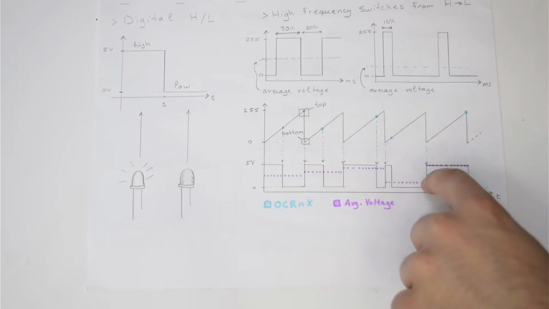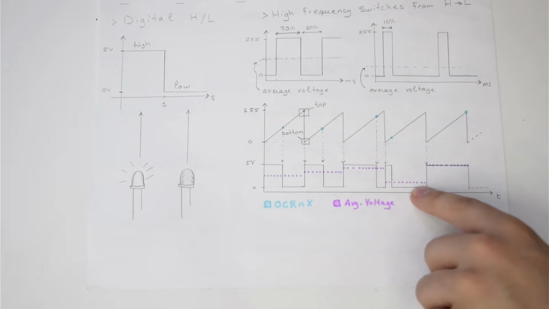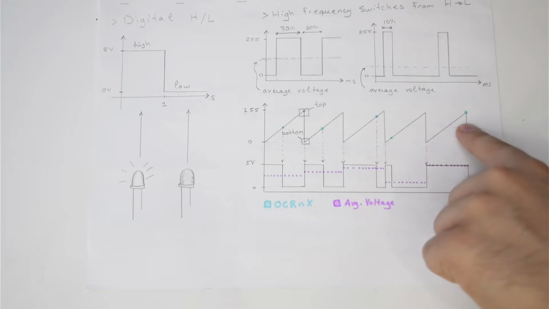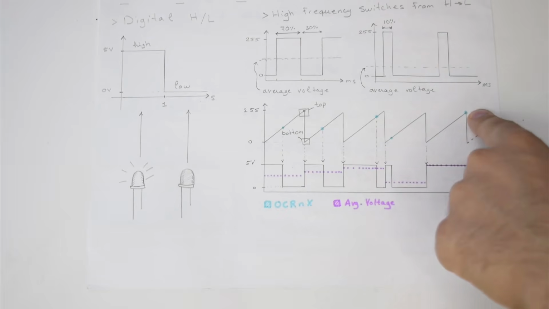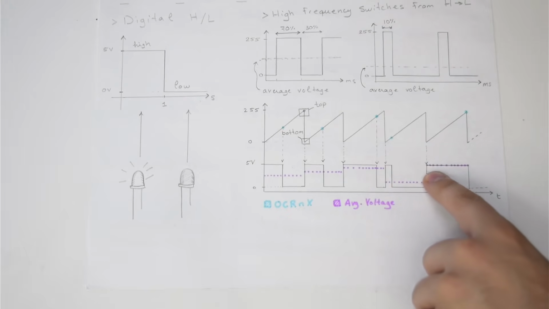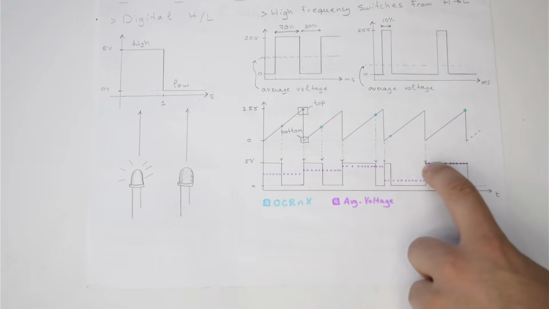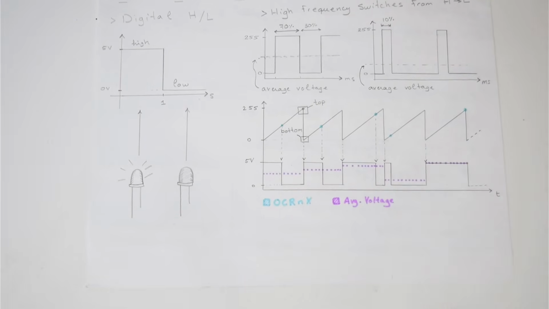For this period you see it's very low, close to 0 but not quite 0. And this last flag is all the way at 255, so it's maximum brightness for that whole period, 5 volts. If your flag is set to 255, then for this whole line it's going to be 5 volts, so your LED will just look like it's digital high.